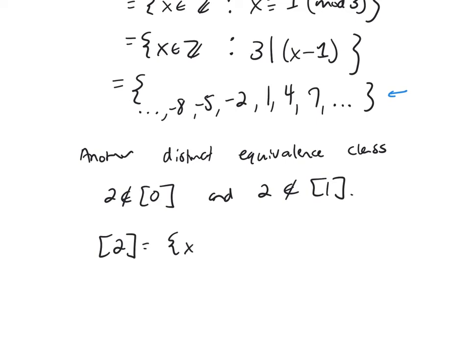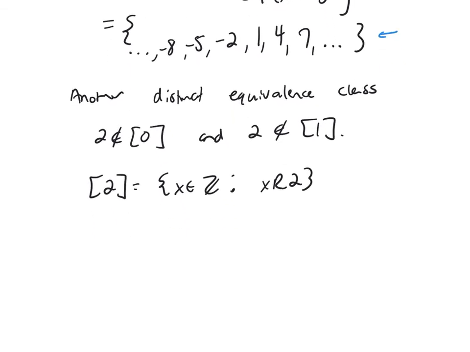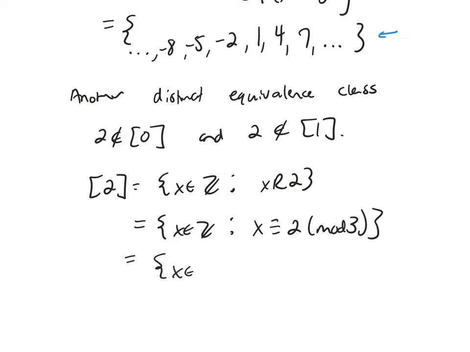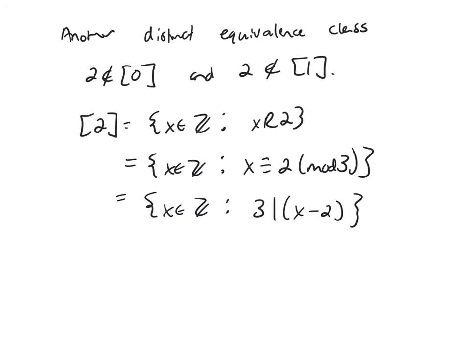This is all the elements in Z where x is related to 2. So all the elements in Z where x is congruent to 2 mod 3. X in Z where 3 divides x minus 2. And so now let's write out what some of these elements are.